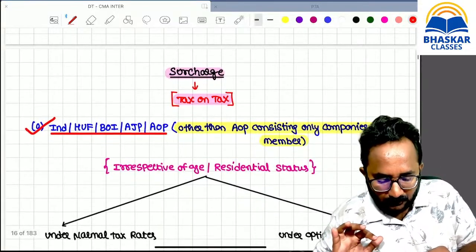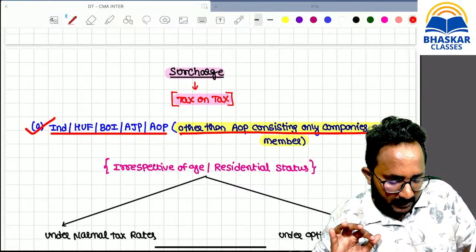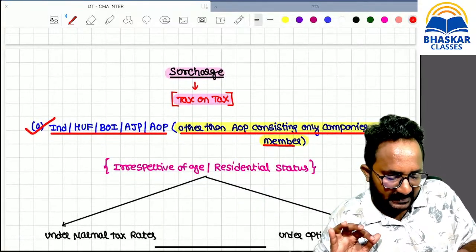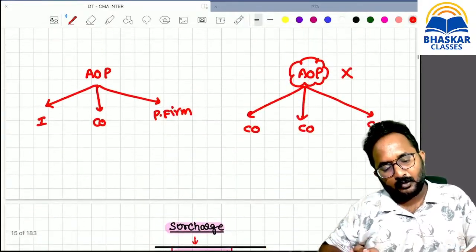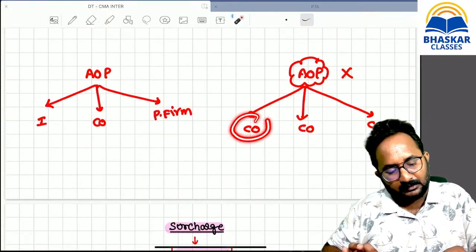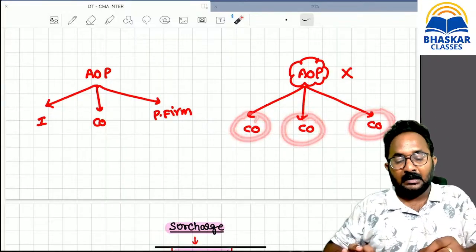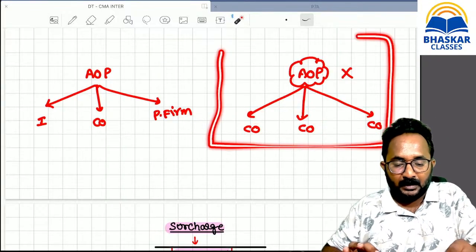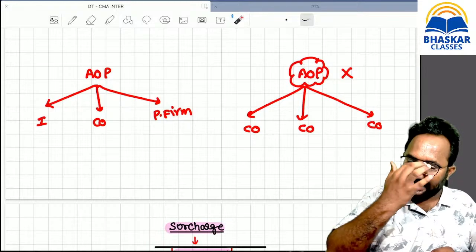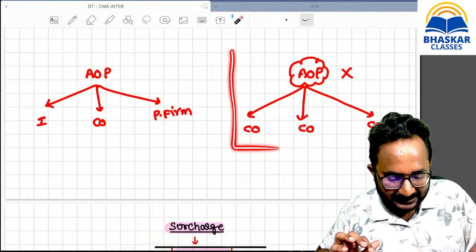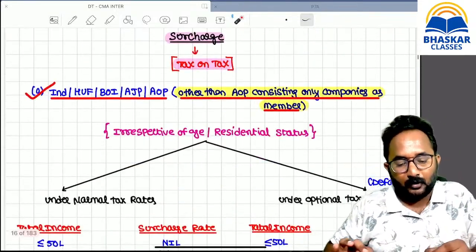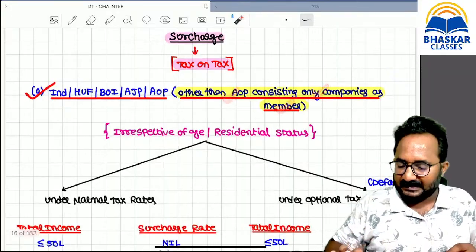Please exclude from here the AOP consisting only of companies as members. In this AOP, only companies are members. So please exclude this type of AOP, and we can discuss the separate surcharge rate for it later.